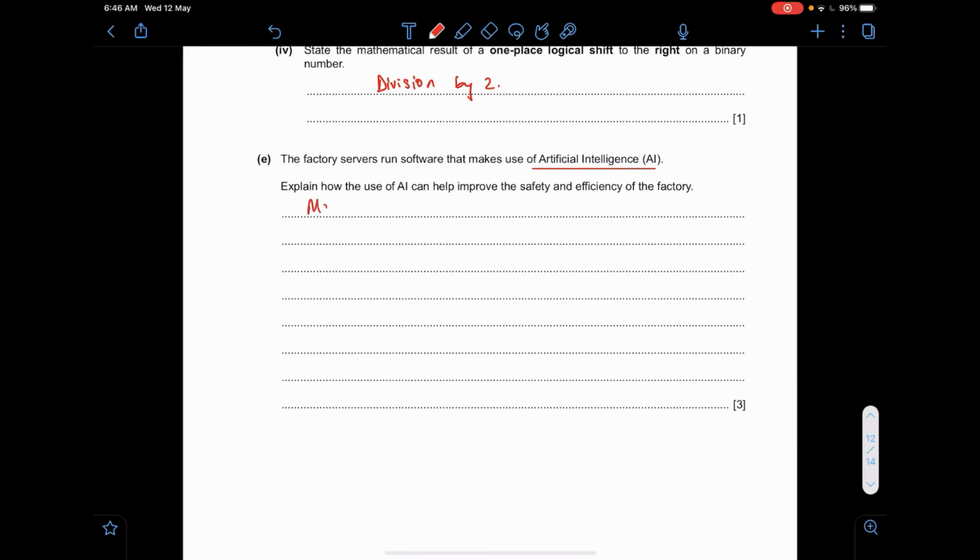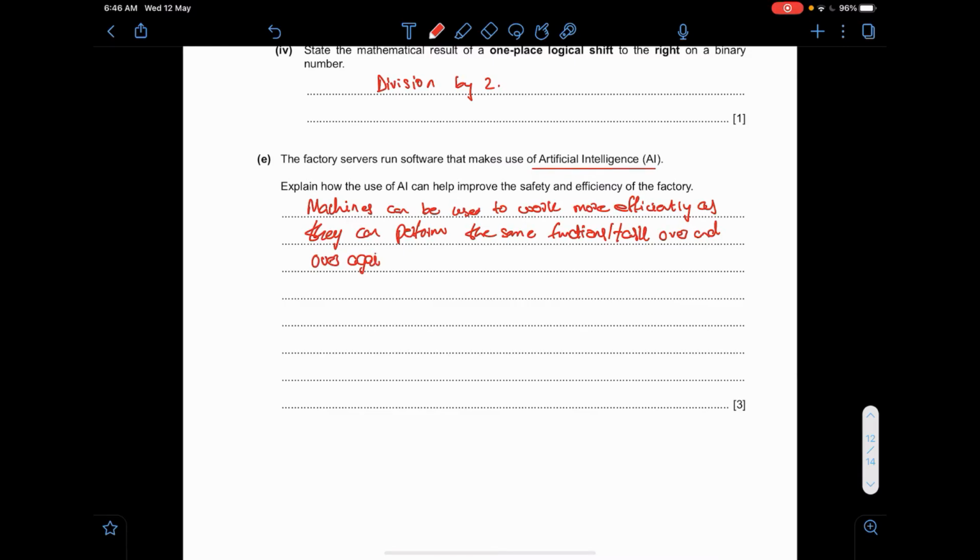So first of all, machines can be used to work more efficiently as they can perform the same tasks over and over again, and there are no drawbacks to that. They do not get bored. That is the whole thing. You can make them do tedious tasks over and over again and they won't have a problem with it, right?